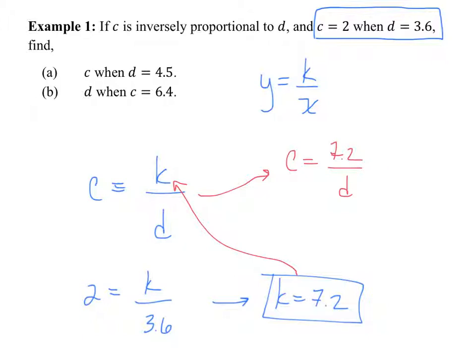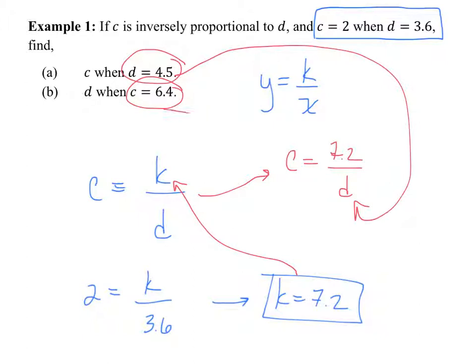All right, quickly, let's plug these in. So we're going to get, in the first case, we're trying to figure out what C is when D is 4.5. So take this value of D, plug it in right here. 7.2 over 4.5 gives us 1.6, okay? Then we want to find out what D is when C is 6.4.